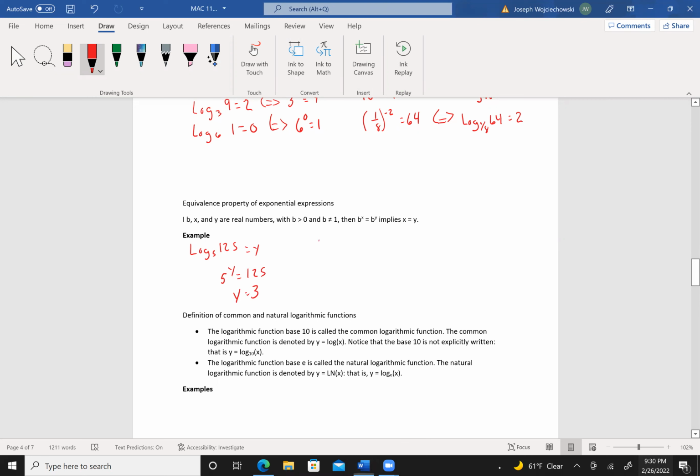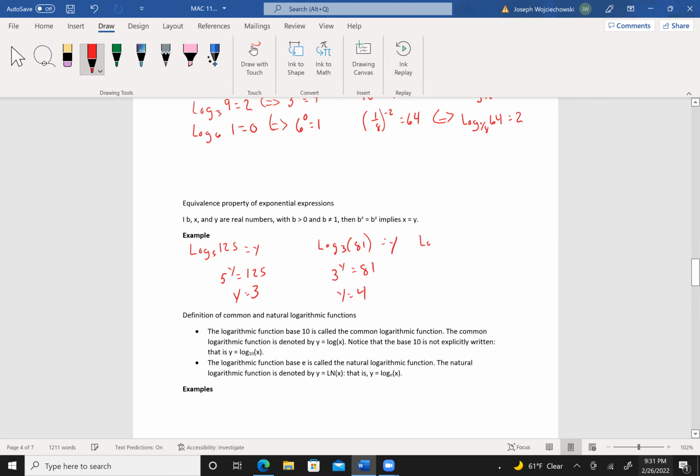Likewise, if we have log base 3 of 81, 3 to what power equals 81? And this is y equals 4.